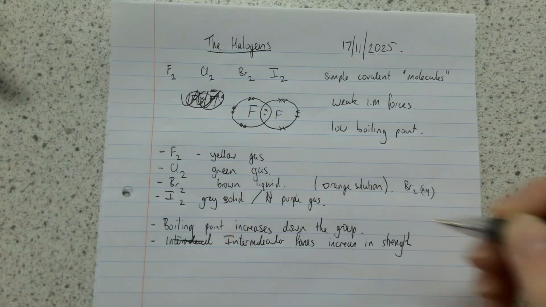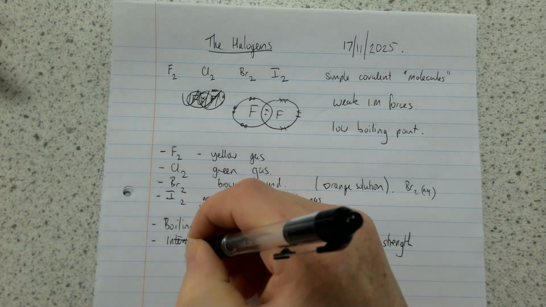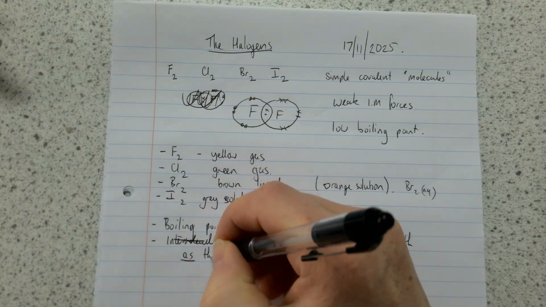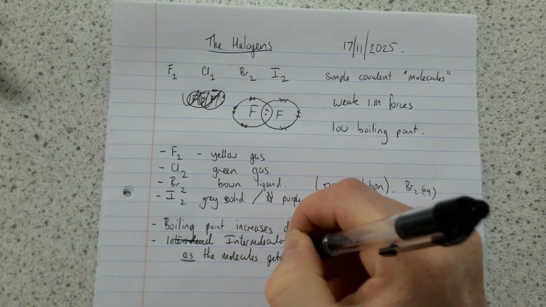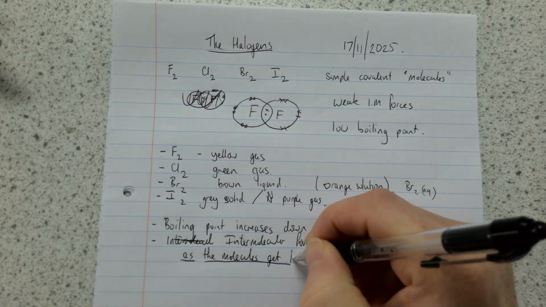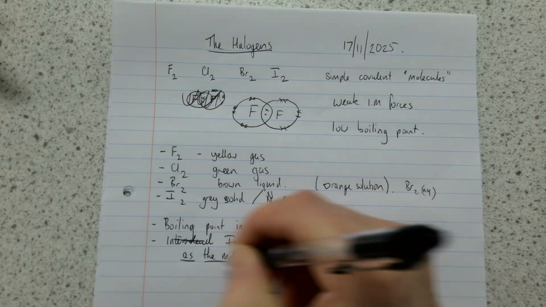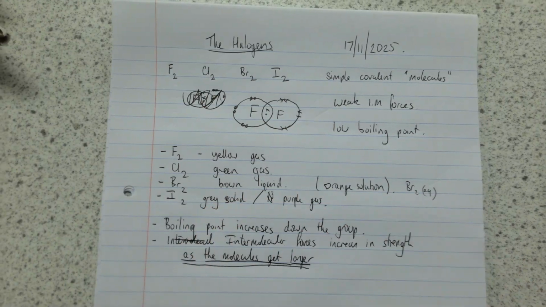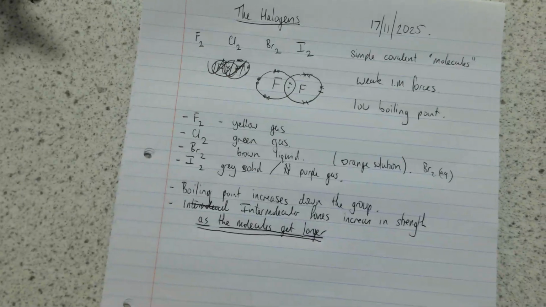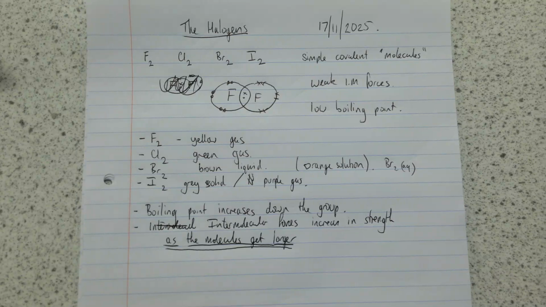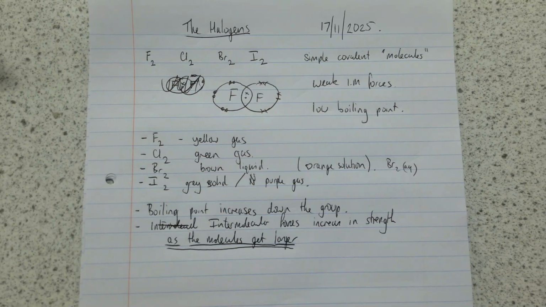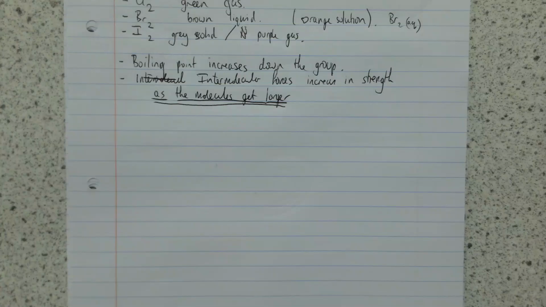The reason for this, we'll come back to in another topic, is that the molecules get larger. So as a general rule, we'll explore this more in Key Stage 5 if we do it, the larger the molecule, the greater the intermolecular forces, the higher the melting and boiling points. And that becomes important in other topics too, so we'll come back to that.